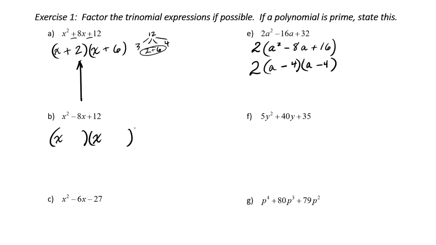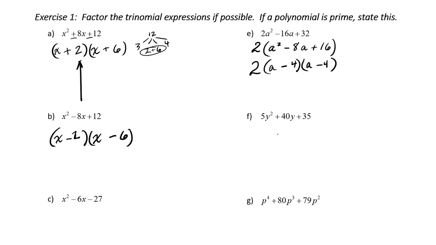We still need the numbers to add up to a total of 8, but they need to be negative now instead of positive. So we'll just say negative 2 and negative 6. Notice that negative 2 times negative 6 also gives you positive 12, but when you add the two middle terms together, you will get negative 8.